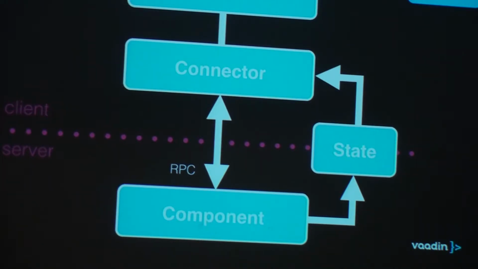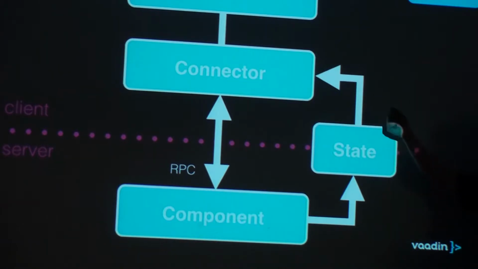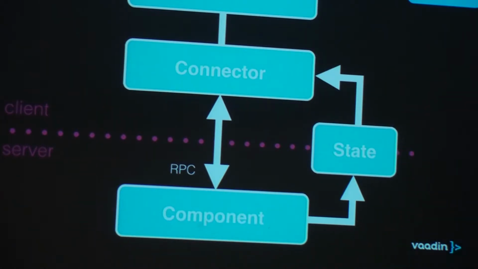So there can be lists and hash maps and whatnot in the state. And the cool thing is that whatever is changed in the state on the server side automatically gets sent to the client side. So if I put a new caption into the button state, this caption is immediately readable on the client side.